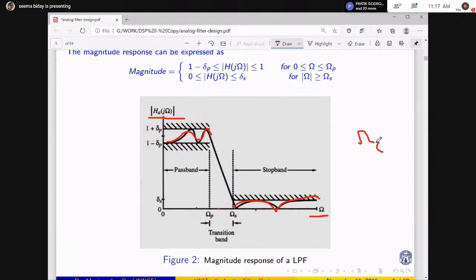Suppose omega c is the cutoff frequency. Where should it lie? Yes, Kajal? Kajal Jadhav? Devashri Das?